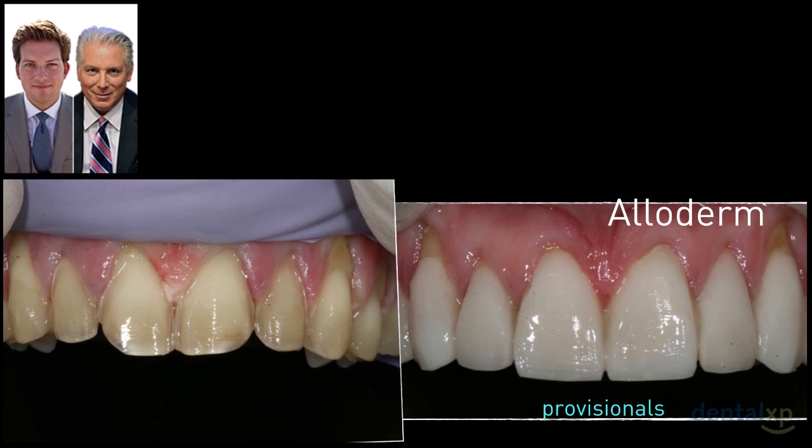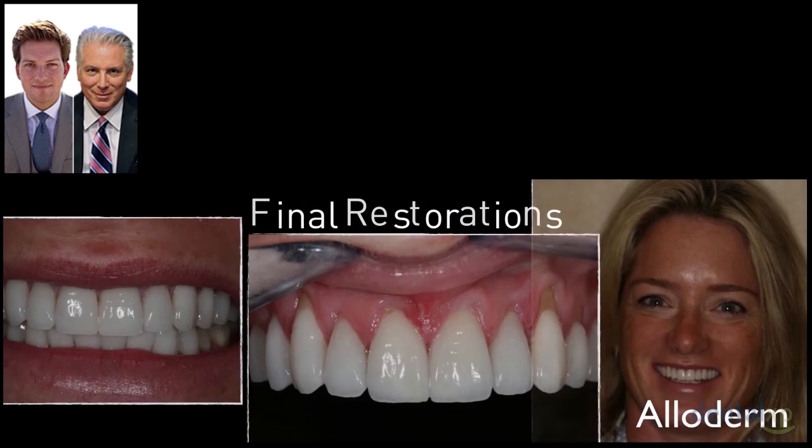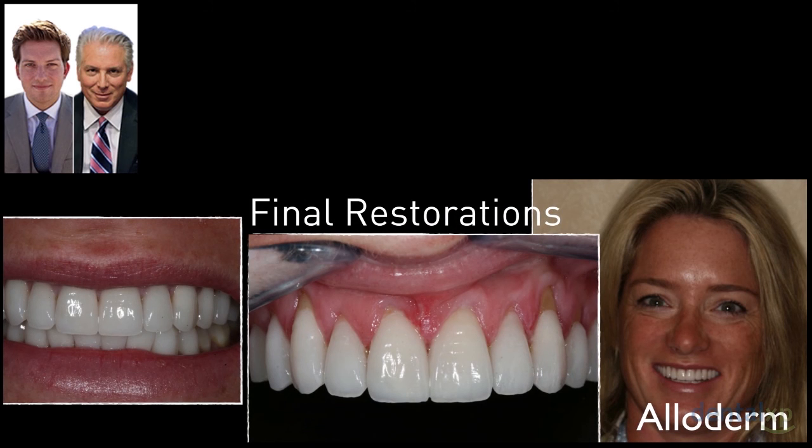And here you're seeing the provisionals in place, cut short of where the root recession is. And then going back 1 week later and placing final restorations, and then allowing this patient to heal approximately 2 weeks prior to having any grafting done.